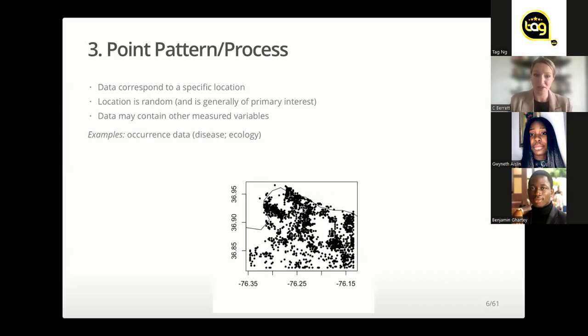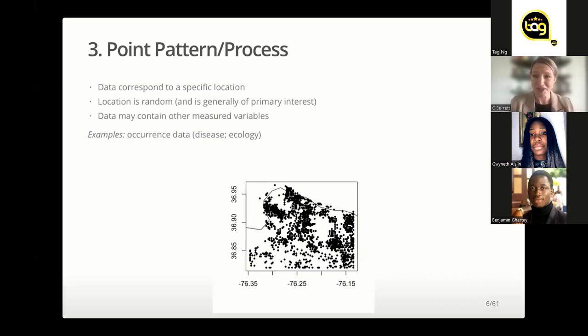In ecology, we might be interested in keeping track of where birds appear. Birds could appear in different ways spatially than other breeds of birds, and that's where the point process approach comes in. So being aware of the three different types of spatial data can help determine which direction you want to take when you're doing your spatial analysis.